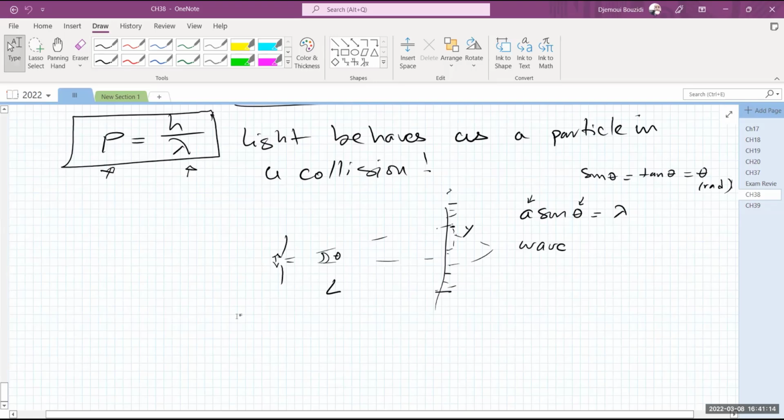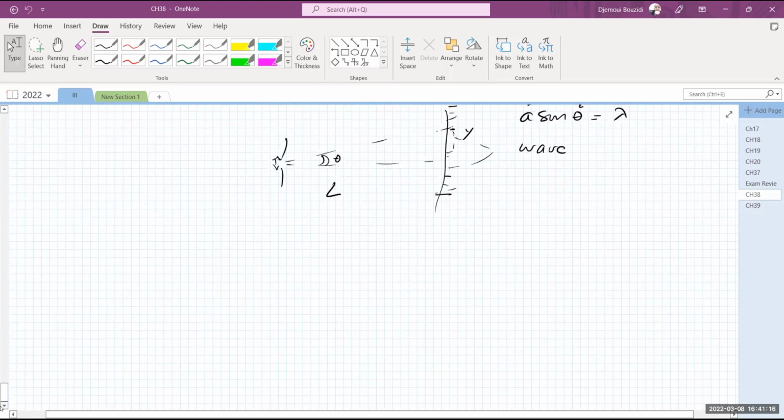Actually, you can also do it with the double slit, if you remember. For the double slit experiment, you have two openings separated by distance d, and again you produce different patterns, a bright followed by dark, followed by bright, and so on, from the top and the bottom.